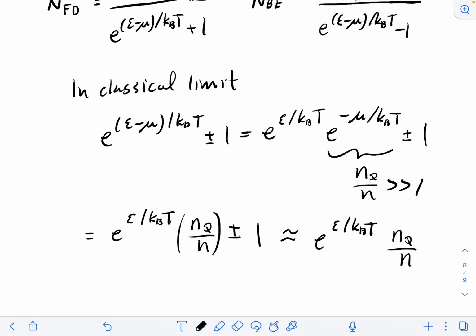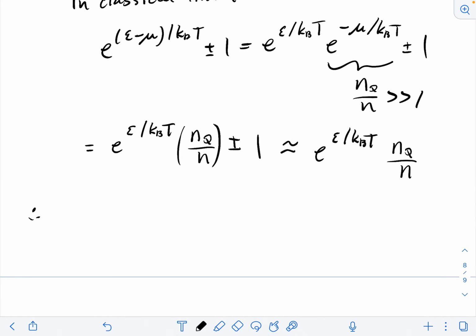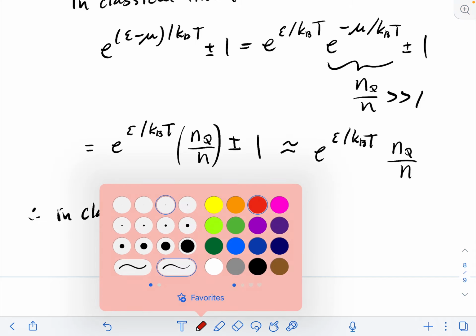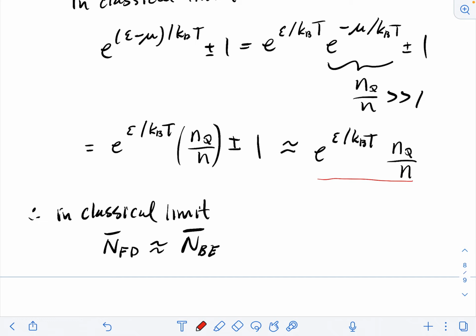So in the classical limit, the Fermi-Dirac distribution is approximately equal to the Bose-Einstein distribution, because what made them different was this plus or minus 1, and now we've gotten rid of it. We just take the inverse of this expression to write down the distribution functions, and it ends up being n over nq times e to the minus epsilon over kBT.